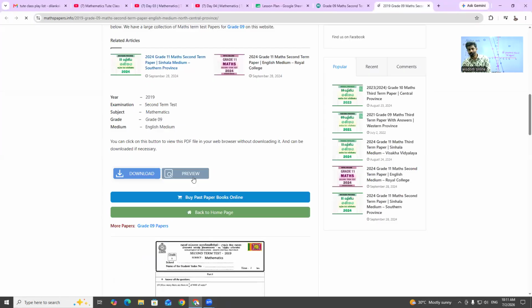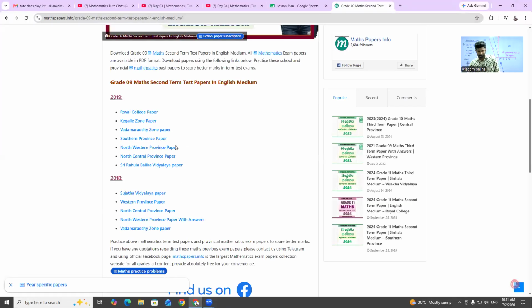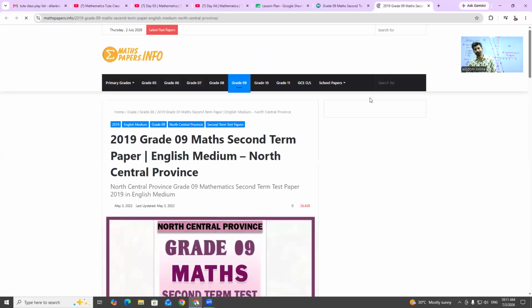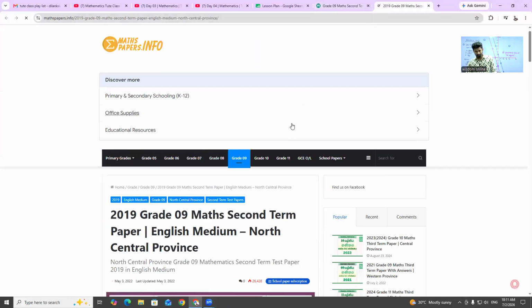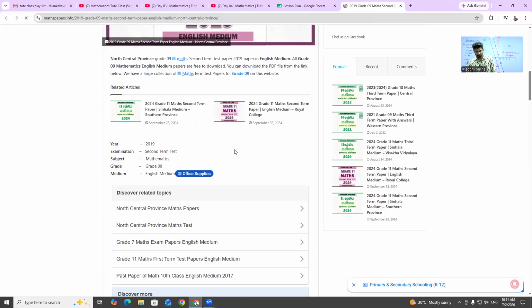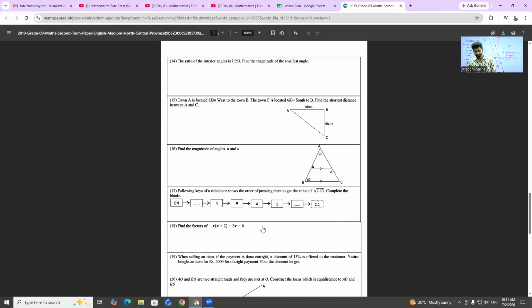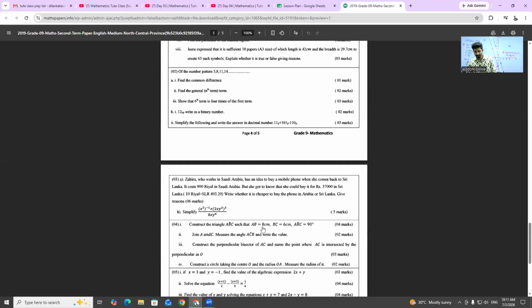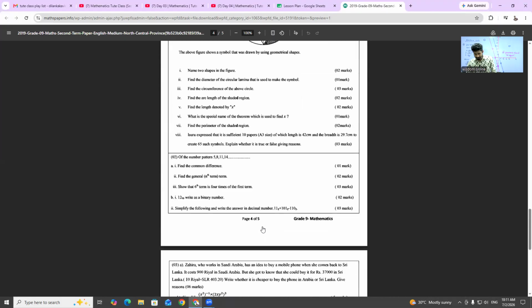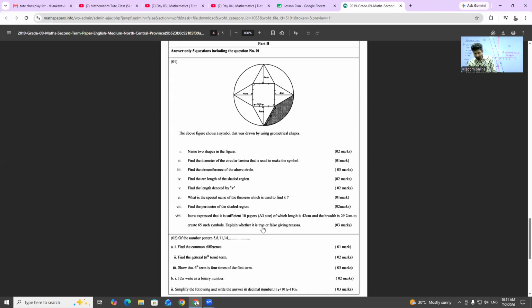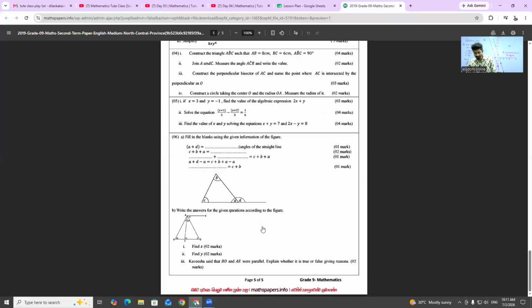North Central Province 2019. Graph, let's see the graph question.